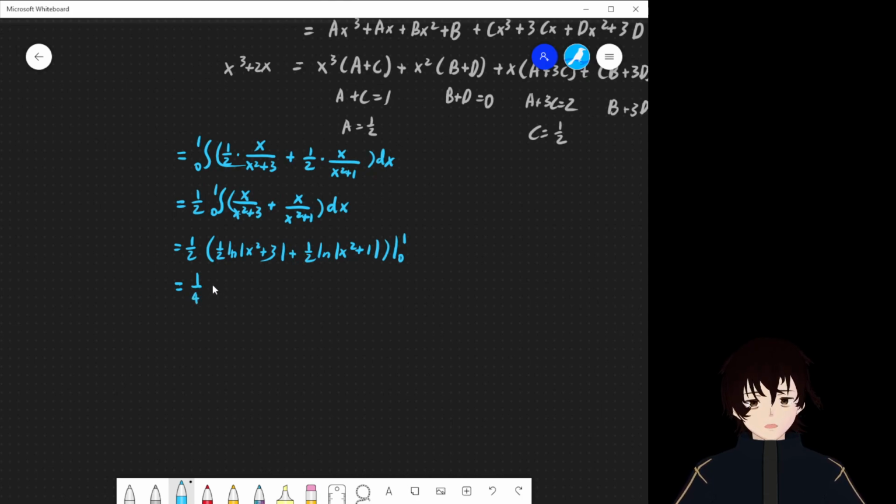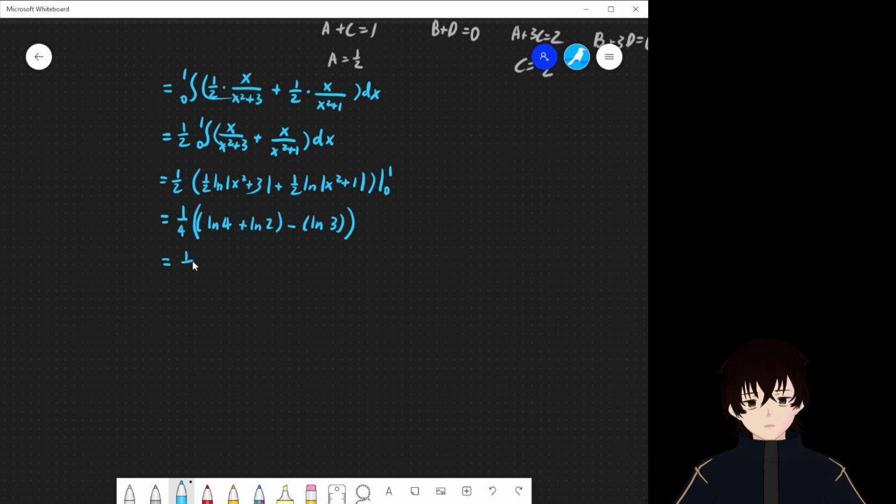We got 1 over 4 times natural log of 4 plus natural log of 2, minus natural log of 1, which is 0, so natural log of 3.